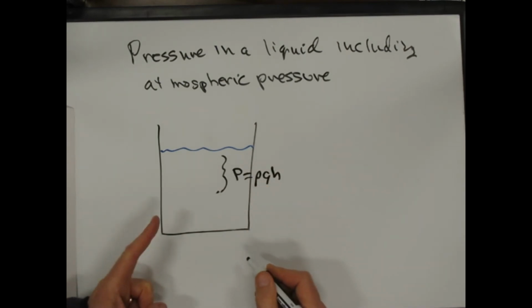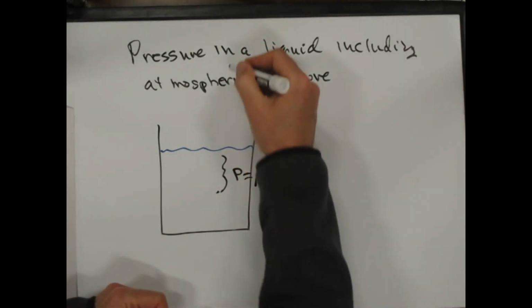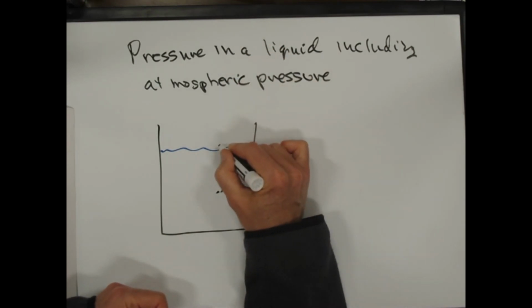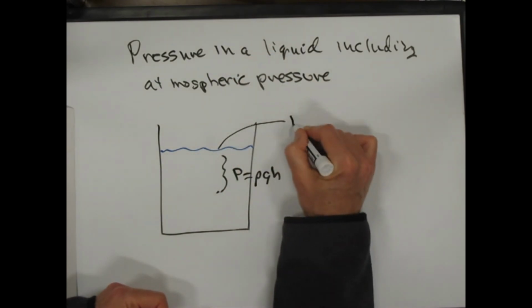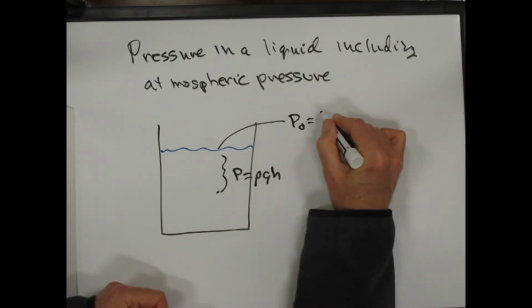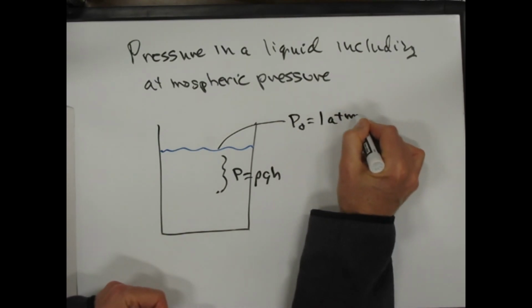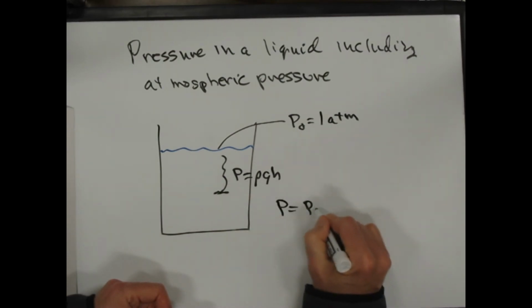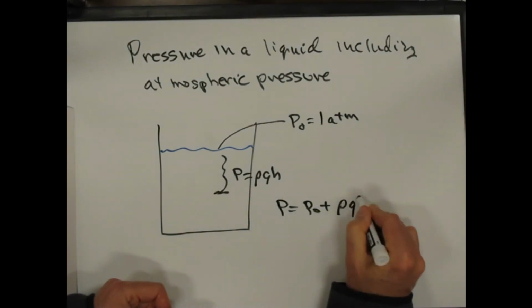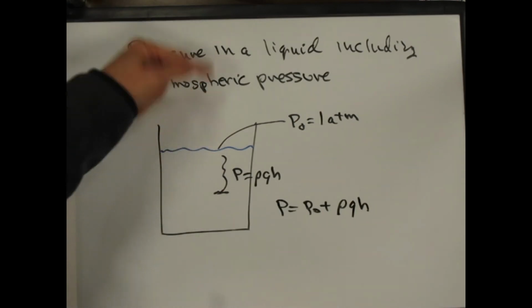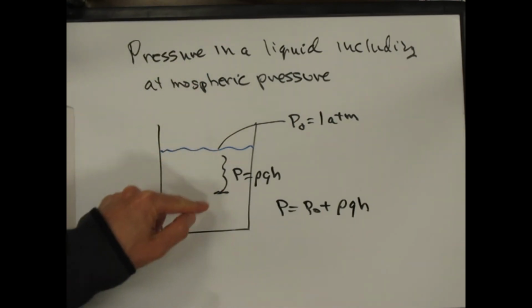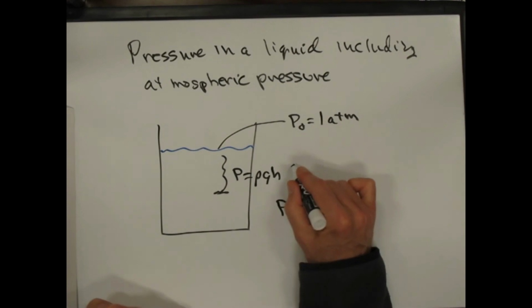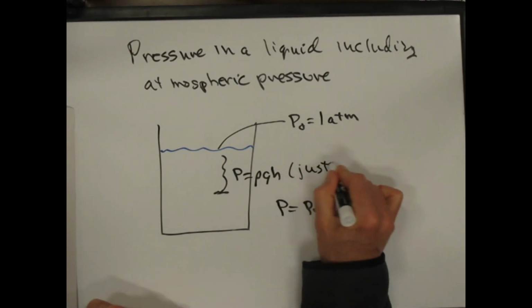But if I want to include the atmosphere above it, then I can say the pressure at this point is just P0, which is equal to 1 atmosphere. And so the pressure here, P, is equal to P0 plus rho gh. This includes the weight of all the air above plus the weight of the water down to this point. This was just for the water.